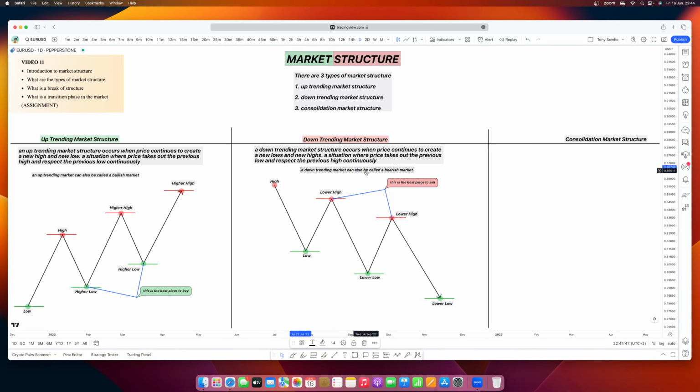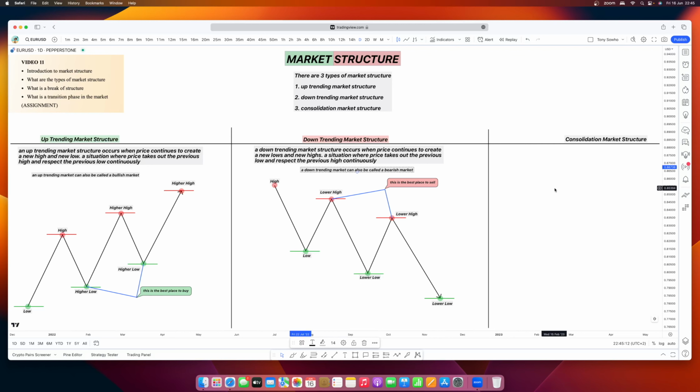Okay, so now going to the third type of market structure. This one is not bullish, this one is not bearish. You understand? Now, when we're talking about the uptrending market, you can see price is finding new levels of what? Support. So there was a support here, there was a support here, there was a support here. And then there were new levels of resistance price was rejecting from. Same thing for the downtrending market.